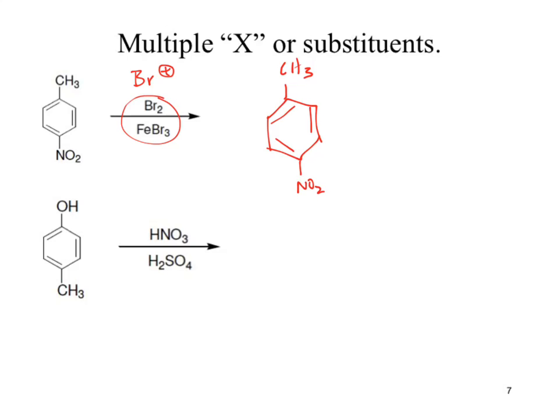Are all of those hydrogens the same? I think we can make an argument that these hydrogens are the same and that these hydrogens are the same. Where does the substitution occur?